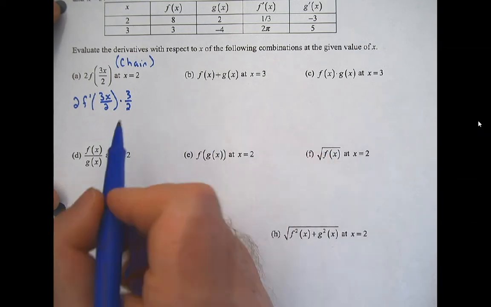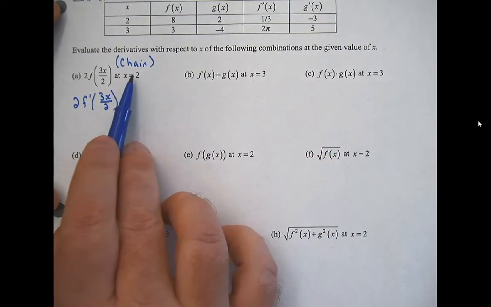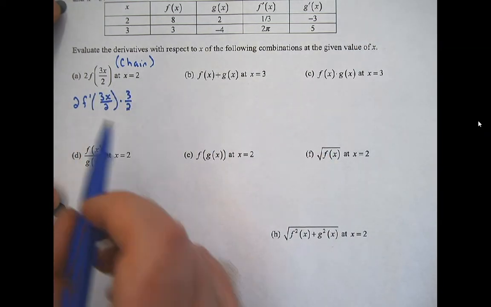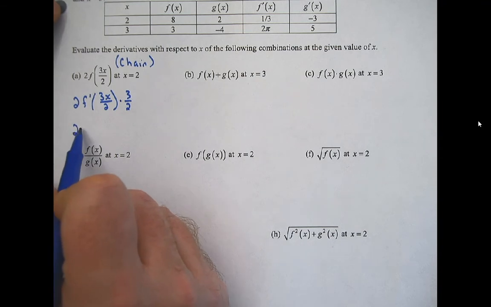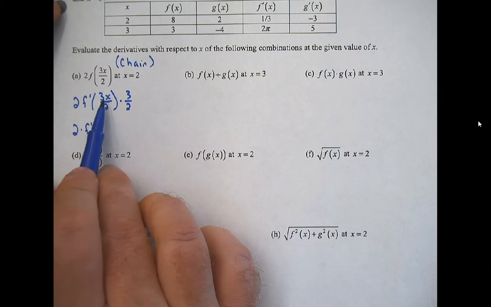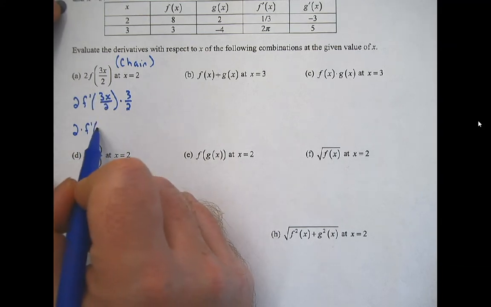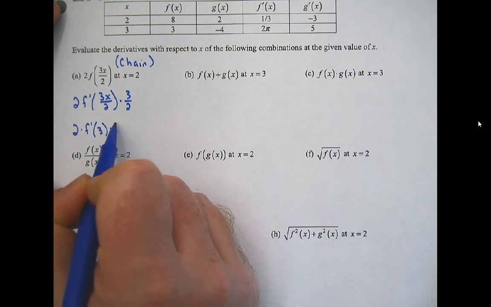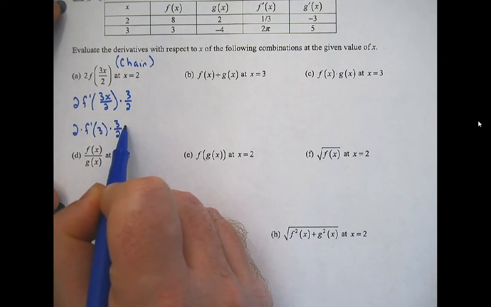Okay, so now let's see what we can do. Now we're trying to figure out what's happening at x equals 2. So that's going to be 2 times f prime of, well, let's put 2 in there. The 2's would cancel, and I'm just left with 3, times 3 over 2. I don't know why I didn't combine like terms there, but I didn't, so we've got to live with that.